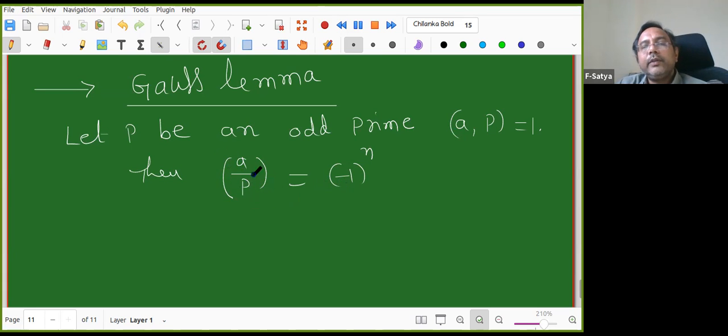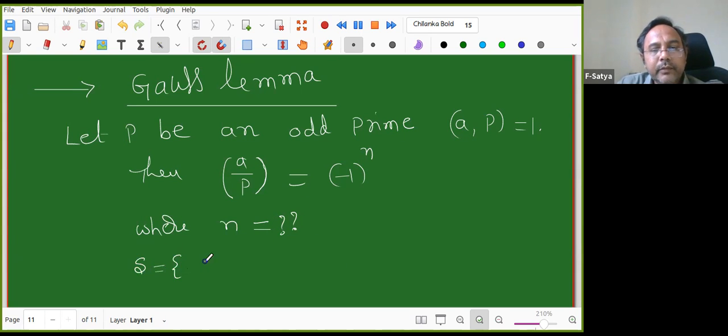But Gauss gave a nice formula: the symbol A by P is equal to minus 1 to the power n, where n is what? I'm writing the theorem.